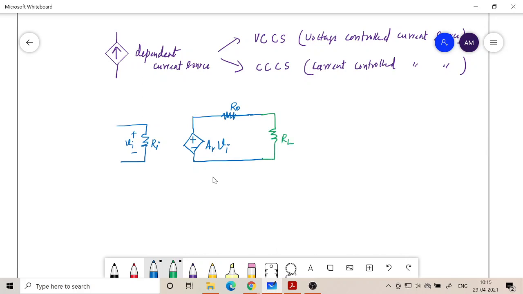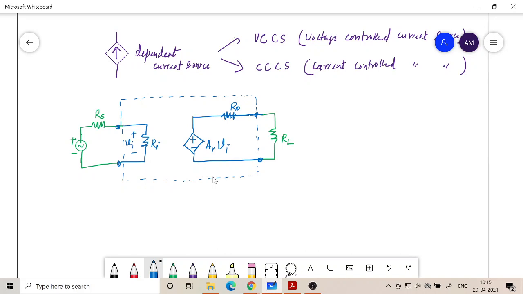Similarly I would connect some source here, say an AC source, plus minus, and this will have some series resistance RS, because any practical source from which we give voltage to the input of the amplifier will have a series resistance. Practically there cannot be any ideal voltage source.